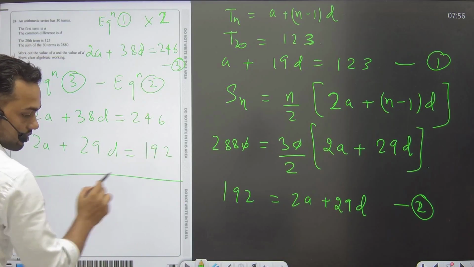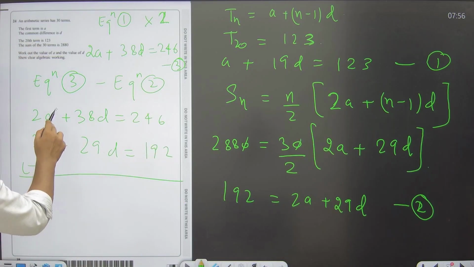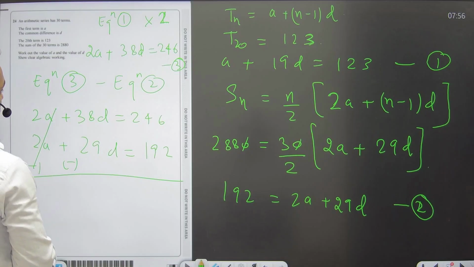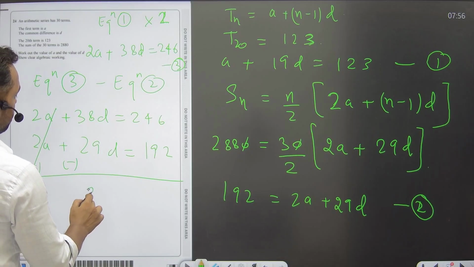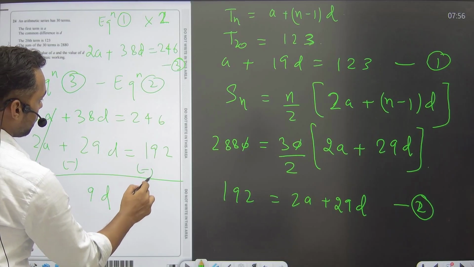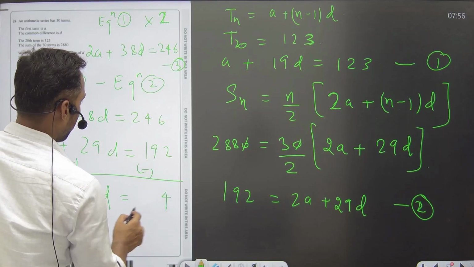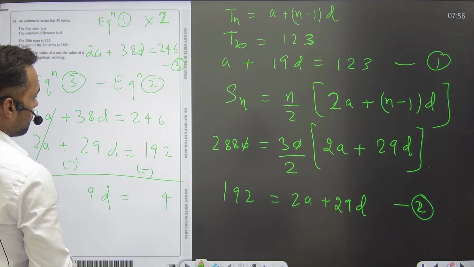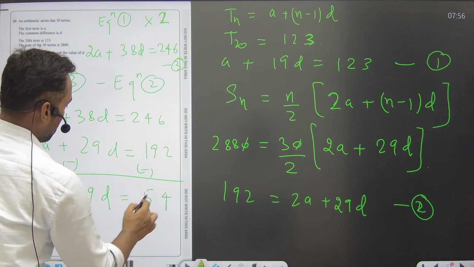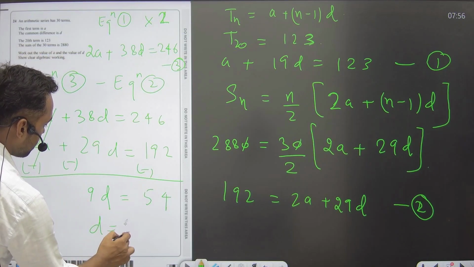If we subtract these values, we will get 9d equals 54. So the value of d will be 6.